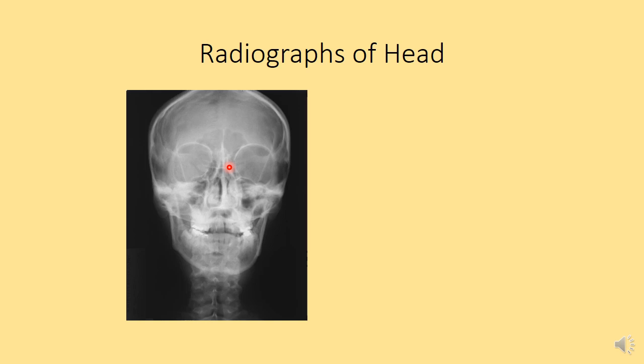Let us collect all the sinuses at once. These two are ethmoidal sinuses, and you can see here this black shadow and this black shadow. These are frontal air sinuses, and this is maxillary air sinus on either side. Sphenoidal cannot be seen in this AP view.